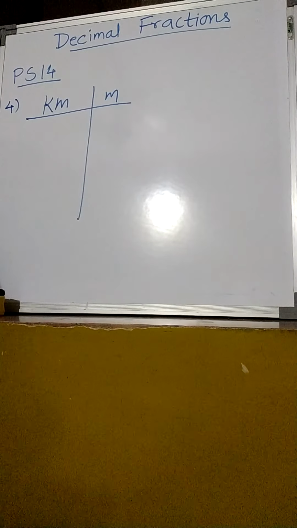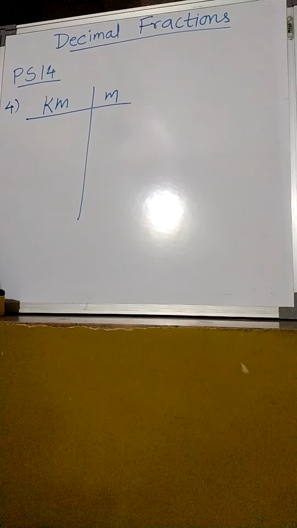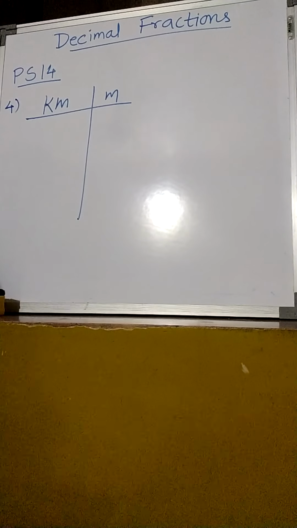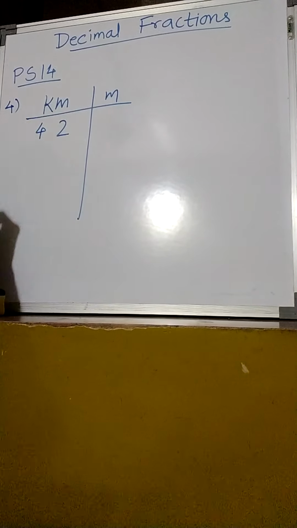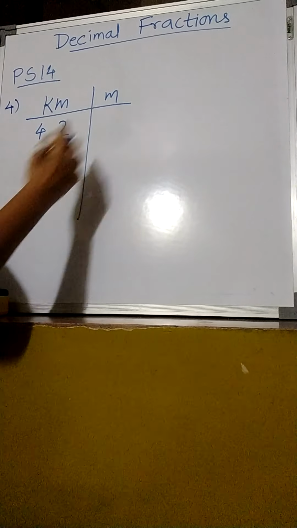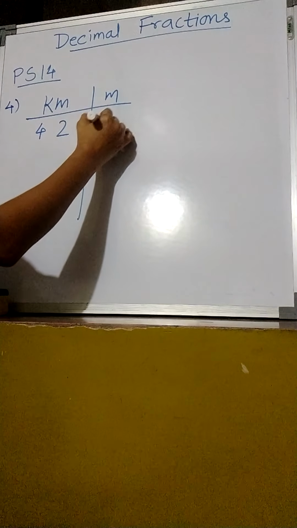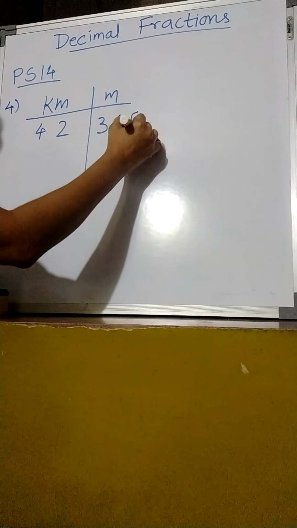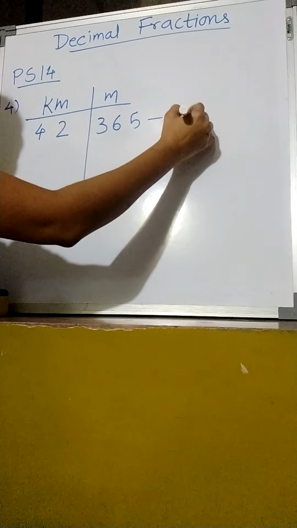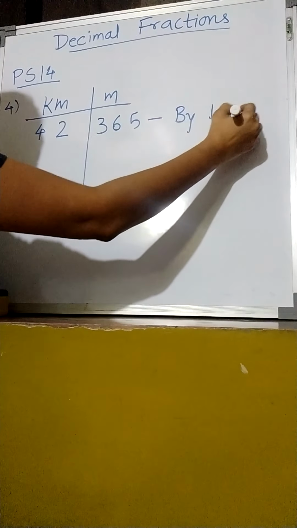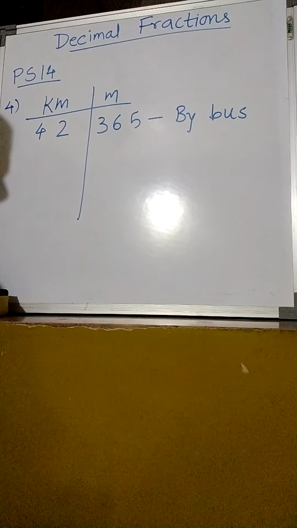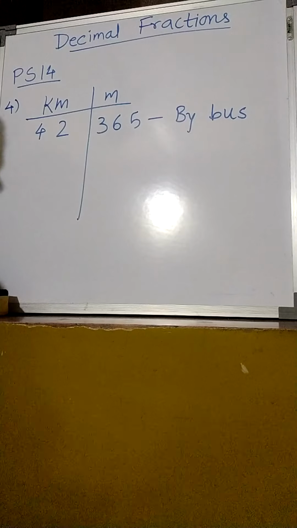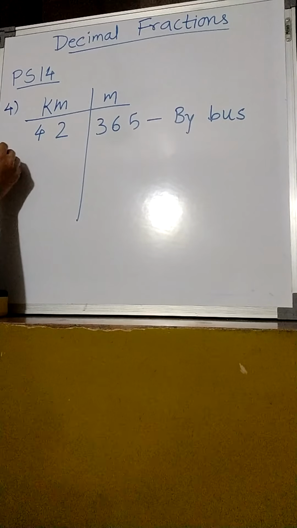Now see, 42 kilometer 365 meter by bus. So write 42 in the column of kilometer and 365 in the column of meter, and in front of that write by bus. Then 12 kilometer 460 meter by car.